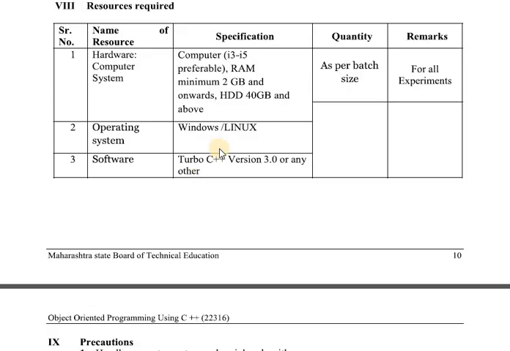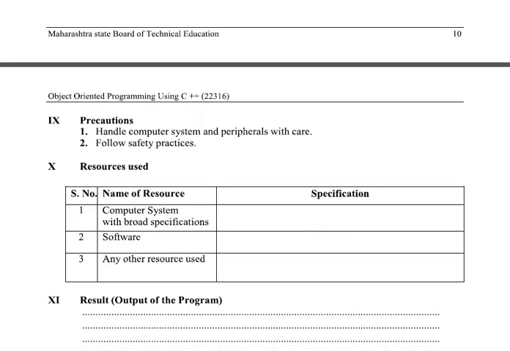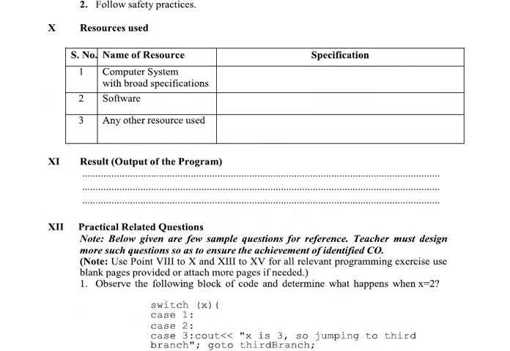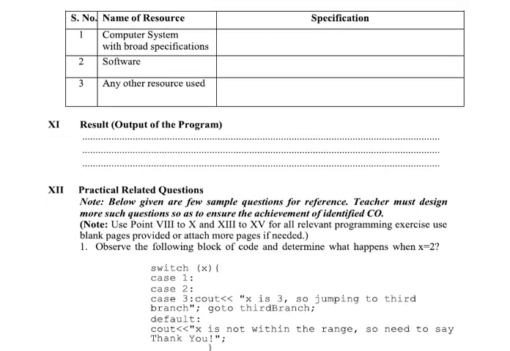They have already given us the specifications required, and under resources used, we have to write the specification of our computer system, software and resources. In the result, you have to write the conclusion in your notebook. After the completion of this practical, write down the result in your notebook.